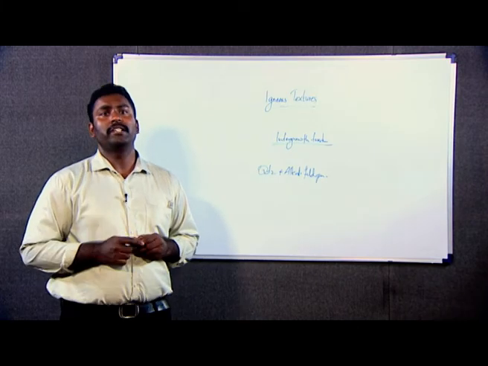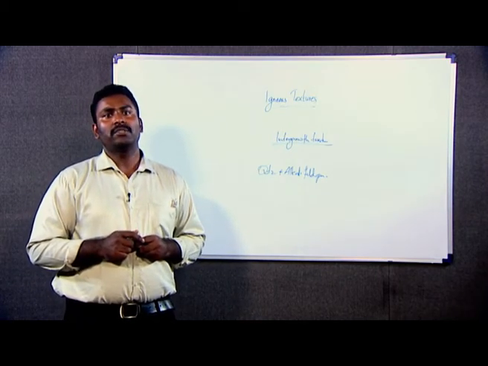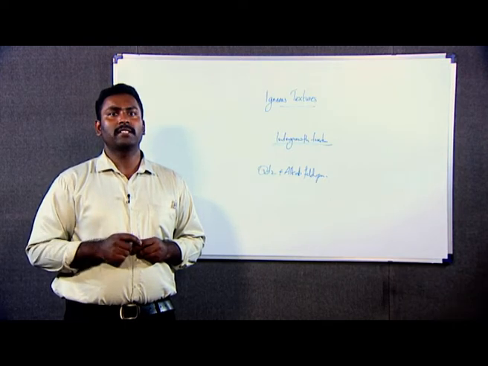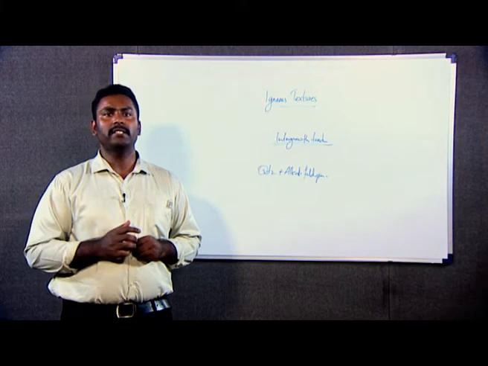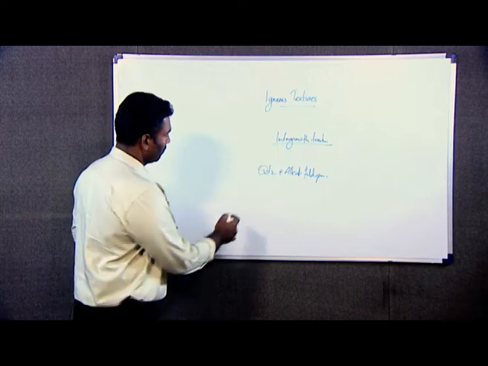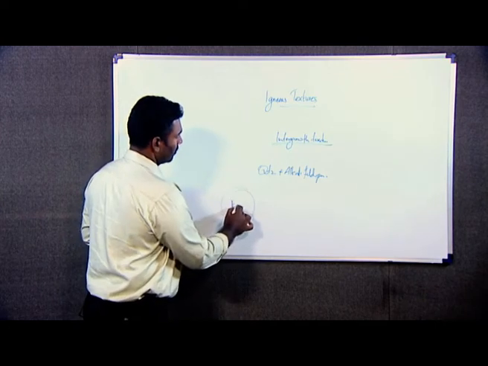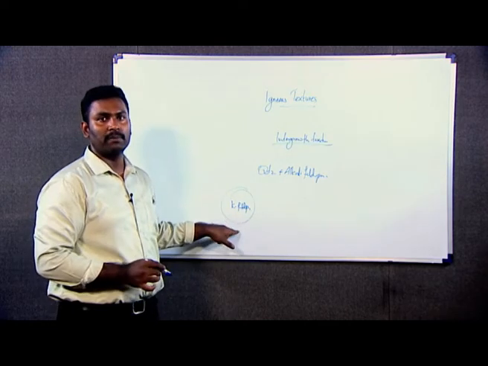The next important intergrowth textures are perthite and antiperthite texture. These two common types of textures are seen in granitic rocks, and perthite is an intergrowth in which the host mineral is potash feldspar.